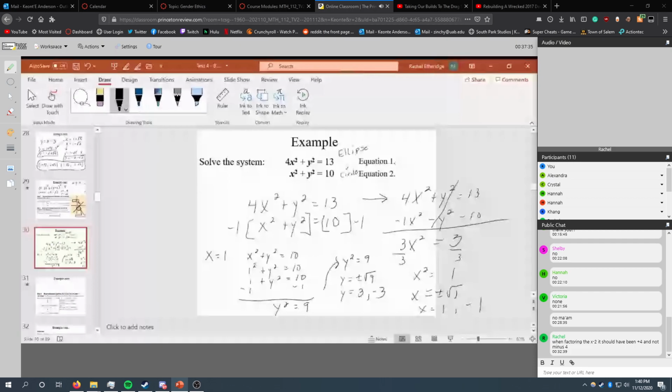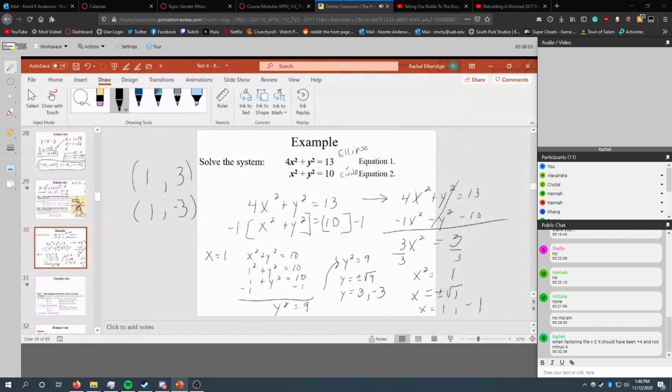So how many solutions does that give me? When x is 1, y could either be +3 or -3. So that's 2 of my solutions right there. This is going to give us 4 solutions. And we'll look at a picture of that in just a second.